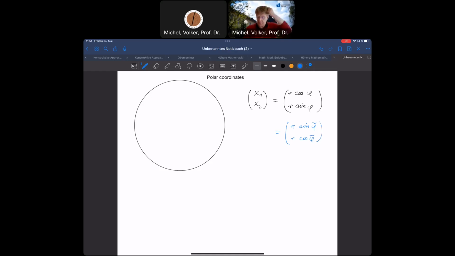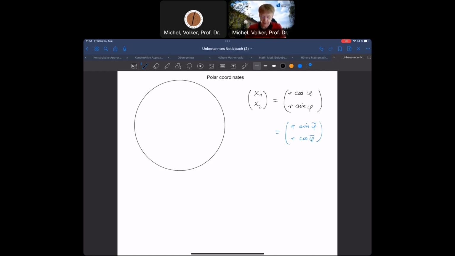Now, what is the difference between these 2 systems? One thing is that it has different starting points. So, okay, let me first talk about the ranges of the coordinates.